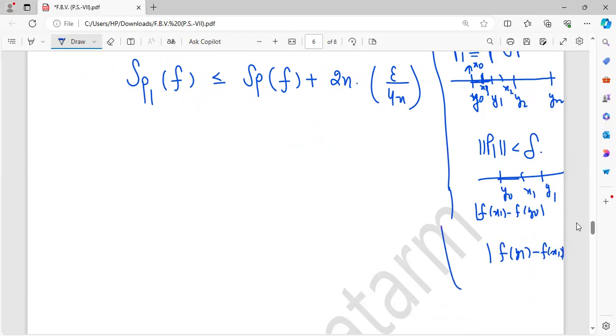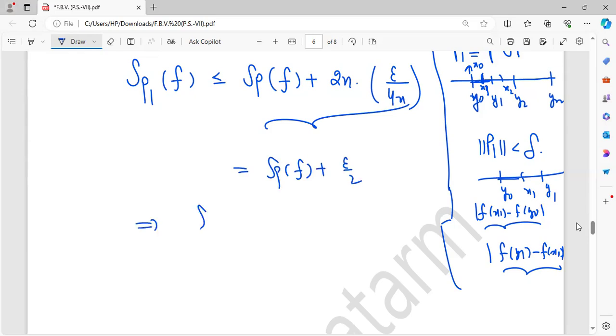So for each xi, I have two terms added in S_P1. So it will be increased by this factor in S_P f. Okay. So what is this? S_P f plus epsilon by 2. So this implies S_P1 f is less than S_P f plus epsilon by 2. So this is equation number 4.